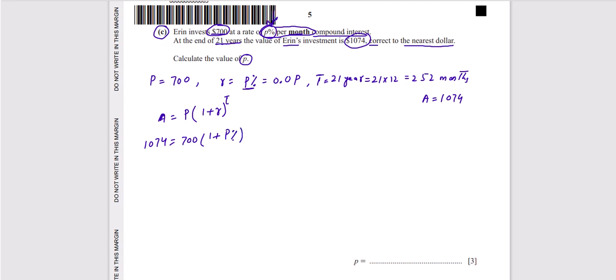The time is 252. So divide by 700. 1074 divided by 700 is equal to 1 plus P percentage overall power 252.